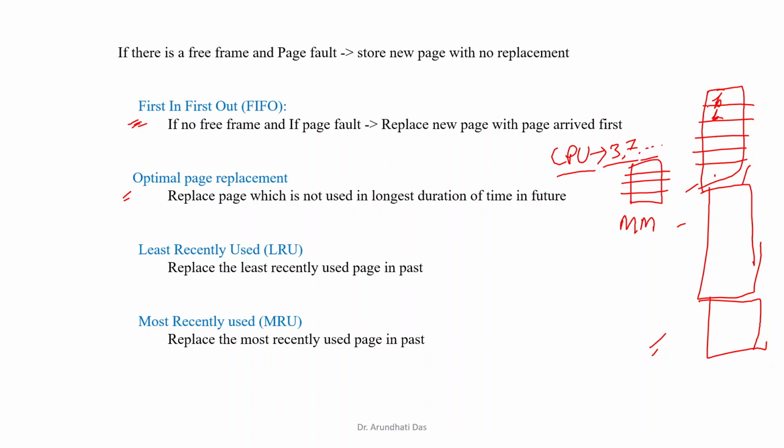At that time, I will bring the pages from the secondary memory to the frames of the main memory. If my main memory is already occupied by other pages, then I will follow a page replacement algorithm.